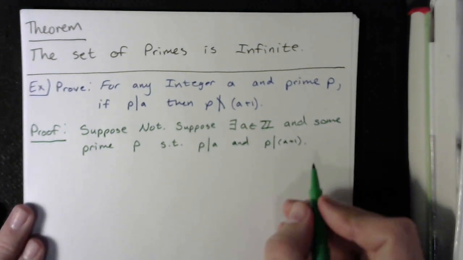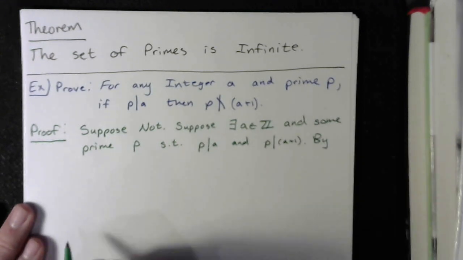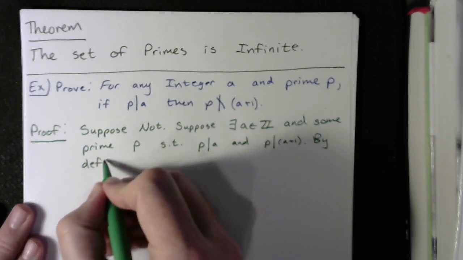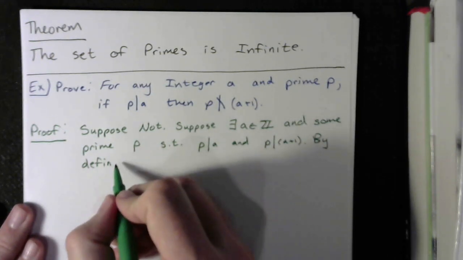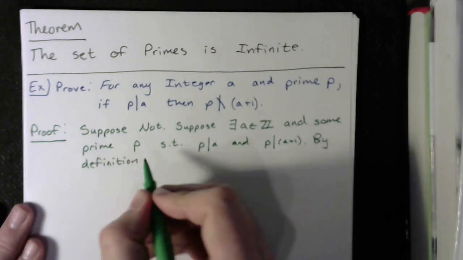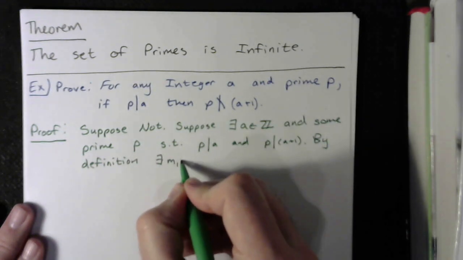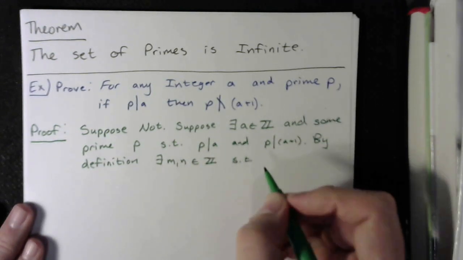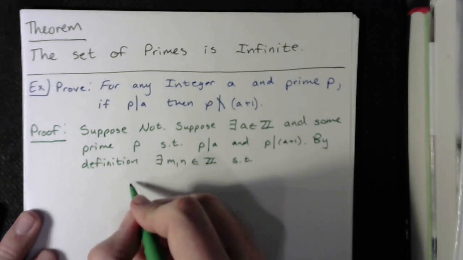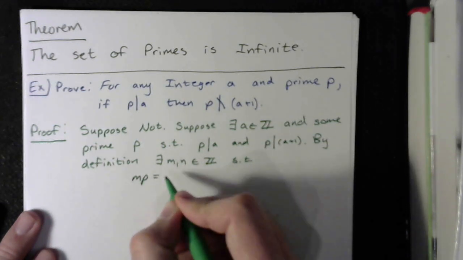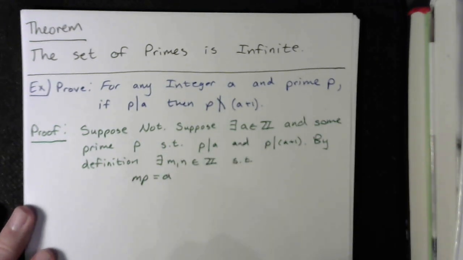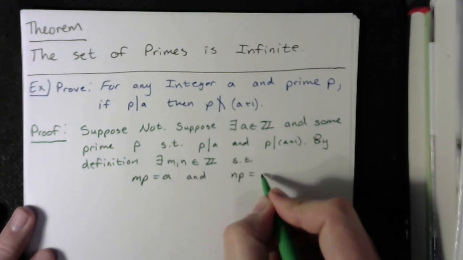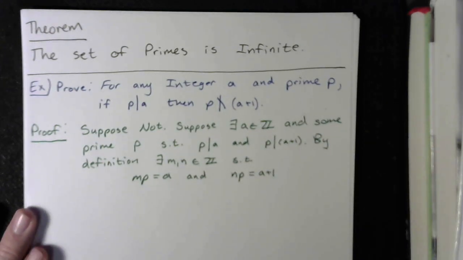So using our definition, there's an m and an n in Z such that m times p equals a, because p divides a, and n times p equals a plus 1, since p also divides a plus 1.